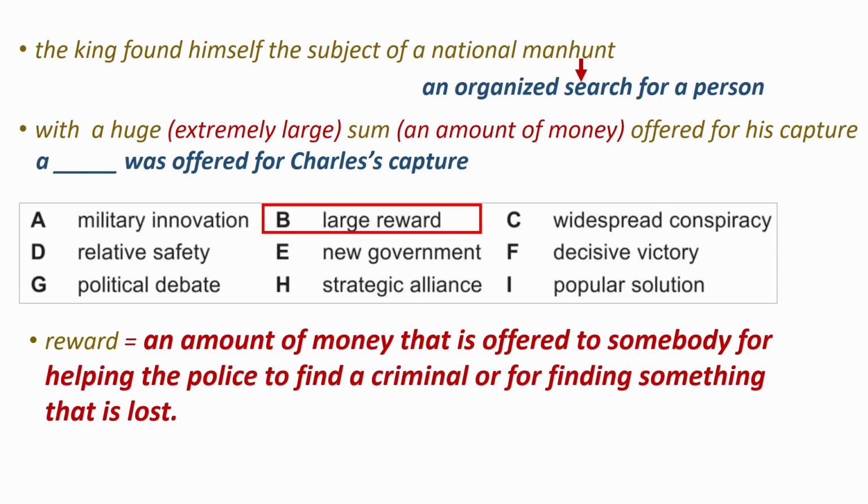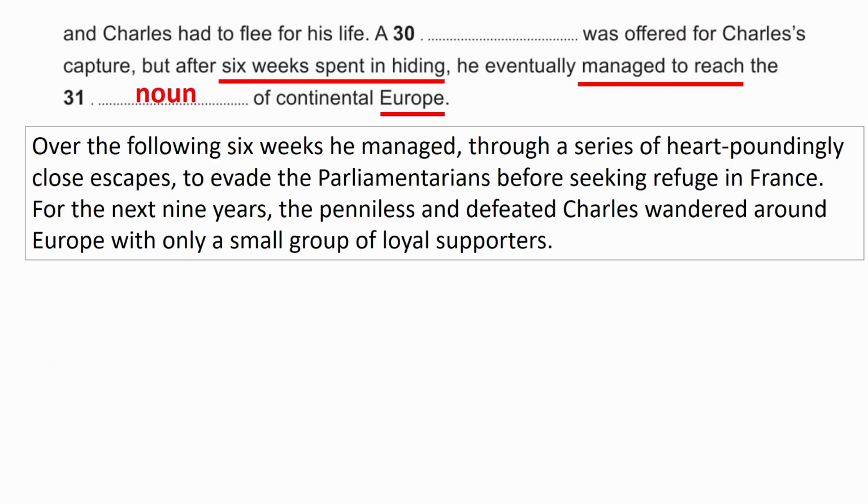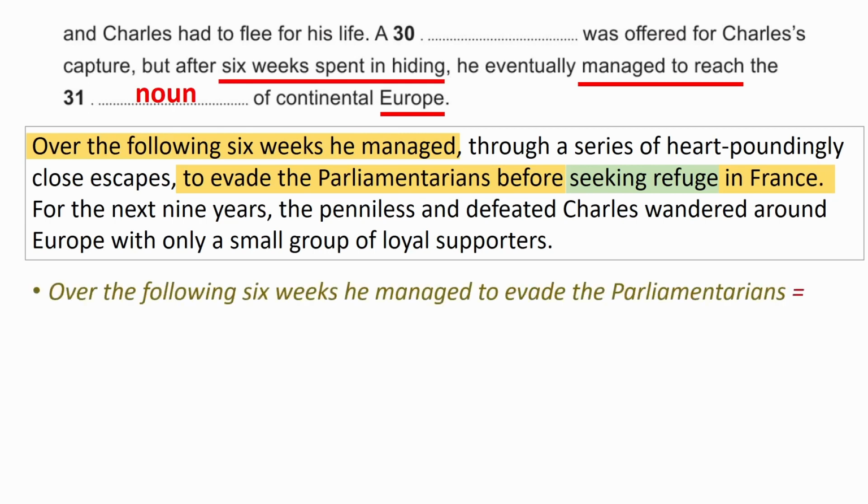Now, on the last question, "after 6 weeks spent in hiding, he eventually managed to arrive" at the something of continental Europe. In the text, we have "over the following 6 weeks he managed", so it's quite the same, and then "to evade the parliamentarians before seeking refuge in France." So over the following 6 weeks, we have after 6 weeks, he managed to evade the parliamentarians.